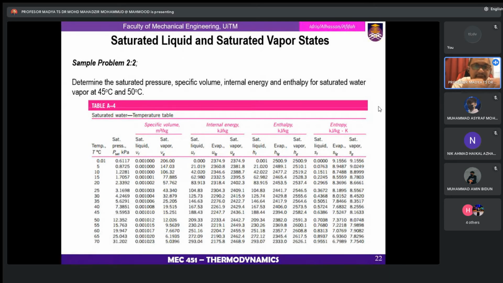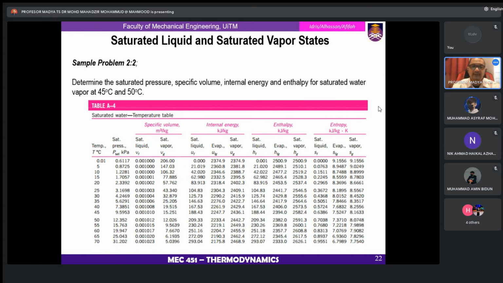It wants to find the saturated pressure at 45 Celsius and 50 Celsius.